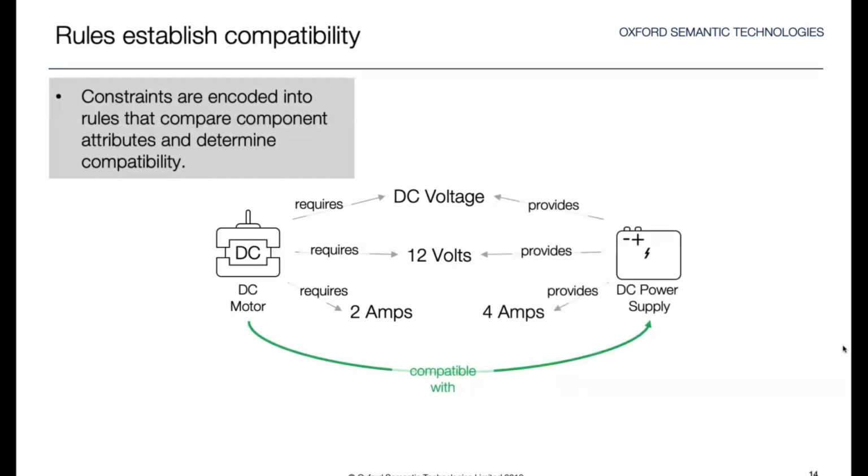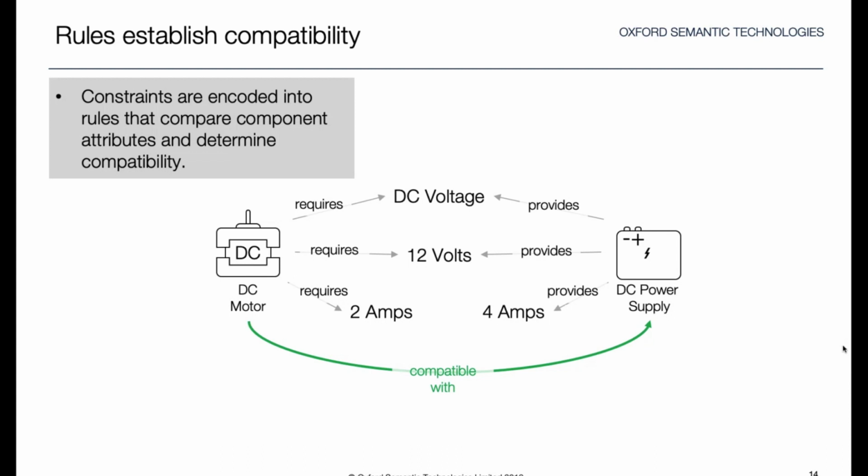What we might want to think is then how are its requirements satisfied, and constraints, if you like, allow us to think about that as well. So here's again an instance of a power supply, and here we're showing what that power supply provides. So again, it now provides a DC voltage, it provides 12 volts, and it provides 4 amps.